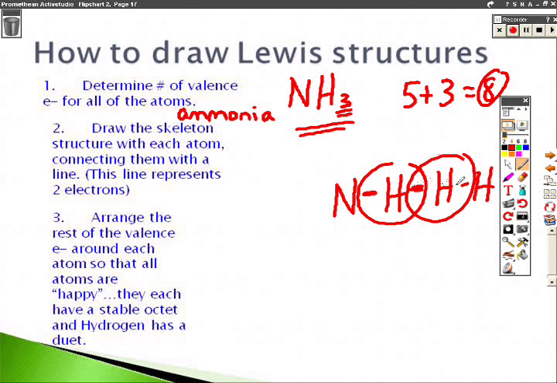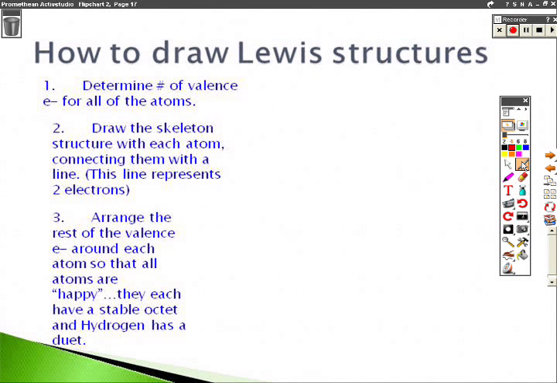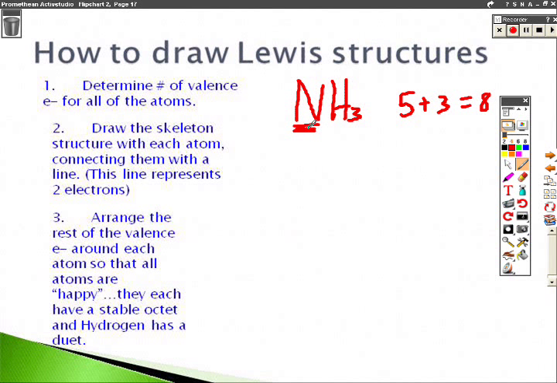Nope. 2 and 2 is 4. It can't have that, right? Remember, hydrogen needs a duet. So we're going to go ahead and get rid of this, and I'm going to draw NH3. It was a total of 8, 5 plus 3 is 8 total valence electrons. And a lot of times, if it's not hydrogen, the very first one is the center of attention.